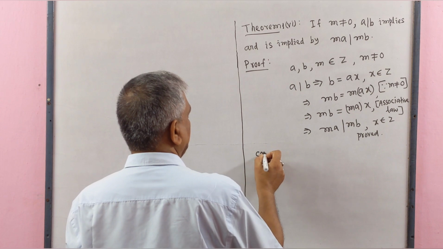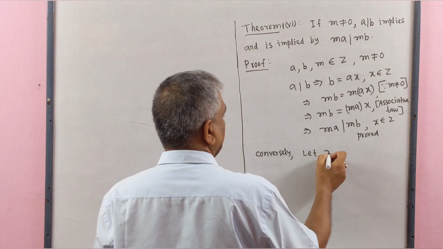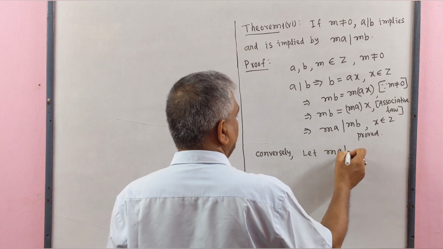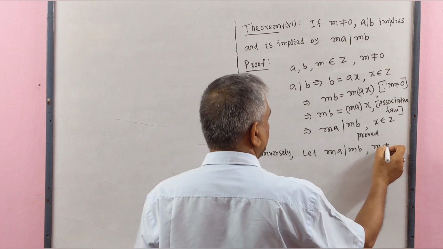Conversely, let MA divide MB and M not equal to 0.